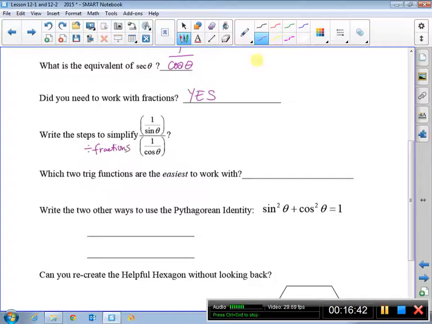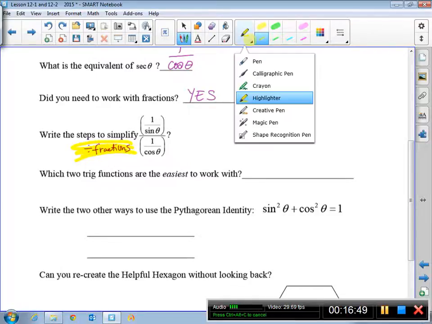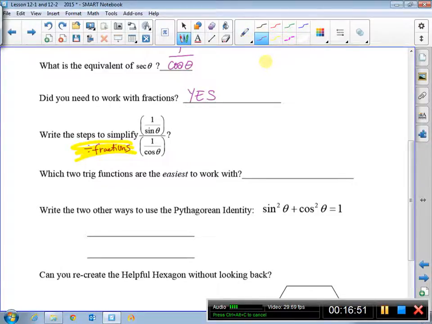And you want to remember that when you're dividing fractions, write them out nice and slow, and then flip and multiply. Help you be successful. So write the steps to simplify 1 over sine divided by 1 over cos.